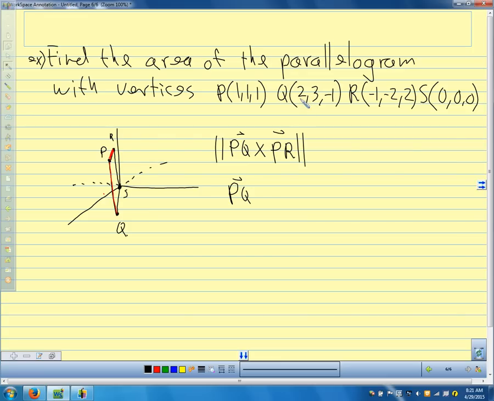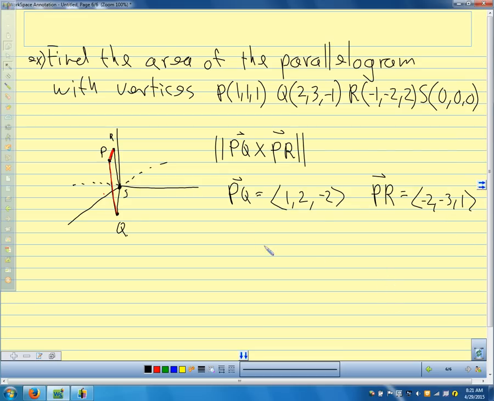How did you do your problem, Nikki? Terminal minus initial, right? So PQ would be the vector, we're saying Q is a terminal point, would be the vector 1, 2 minus 1, 3 minus 1 is 2, and -1 minus 1 is -2. And then PR, same thing, terminal minus initial. When I do that, I get -2, -3, 1.